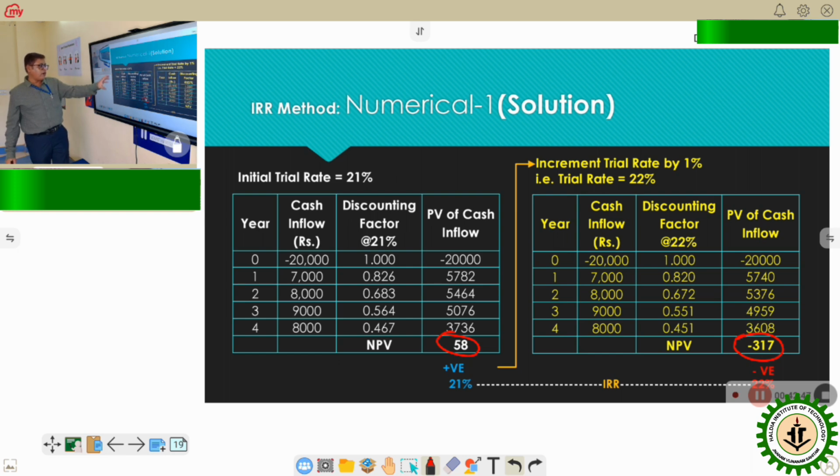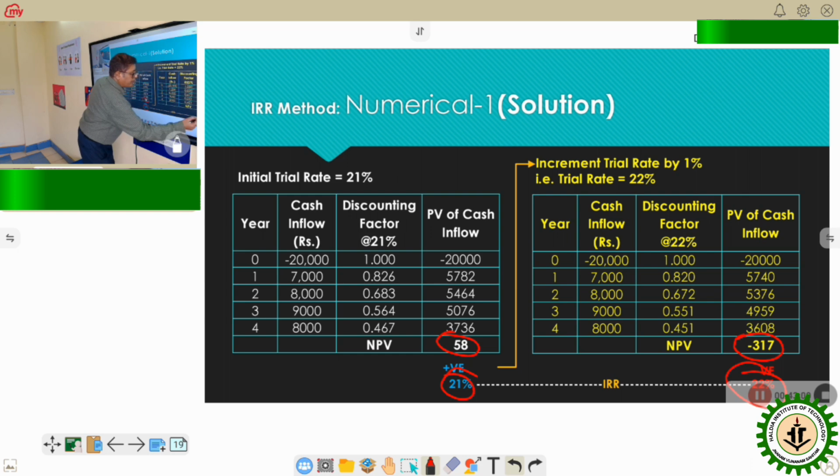Since this is positive and this is negative, we can say that the IRR lies between 21% and 22%. Now we need to determine the exact figure of IRR by using the method of interpolation.